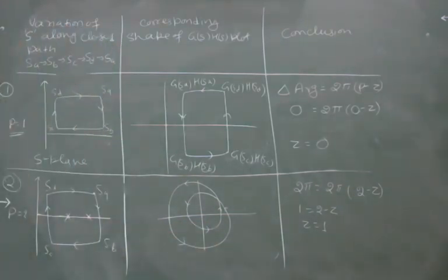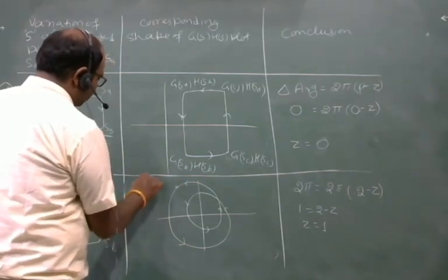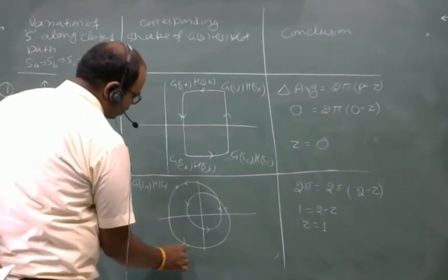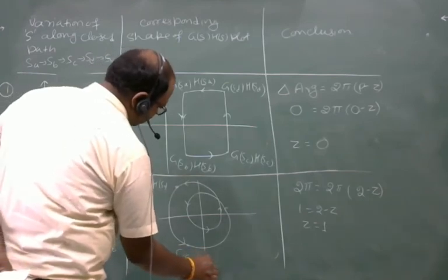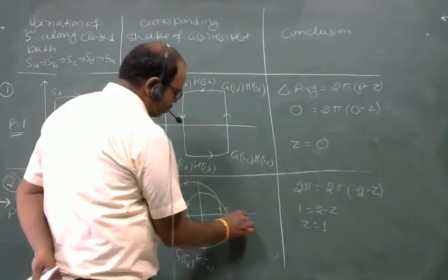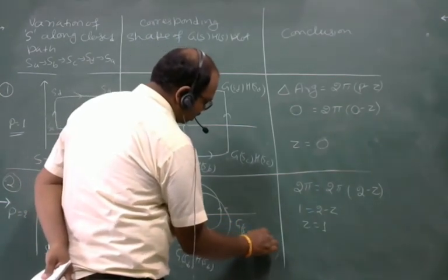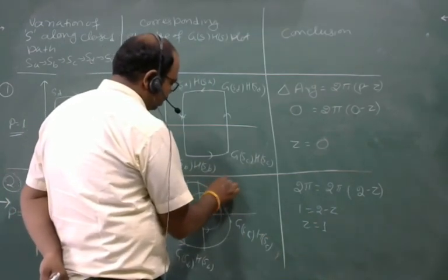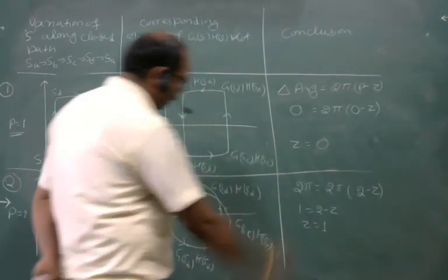Assume here we have GsA, HsA, here GsB, HsB, here GsC, HsC, and here GsD, HsD.